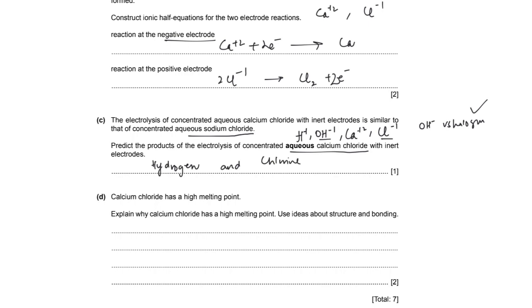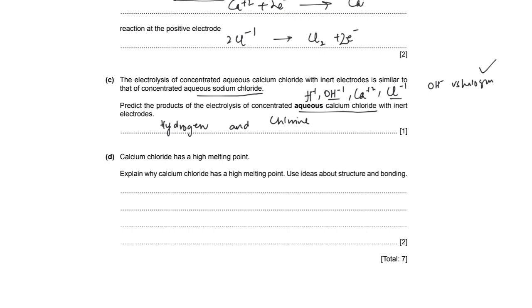Explain why calcium chloride has a high melting point. Use ideas about structure and bonding. So why does calcium chloride have a high melting point? Its structure has an ionic lattice. It's an ionic compound.